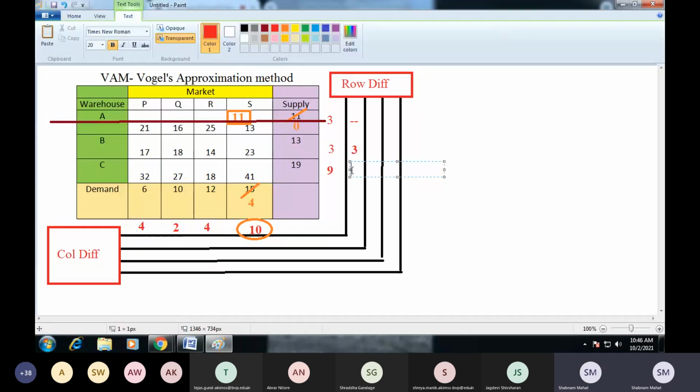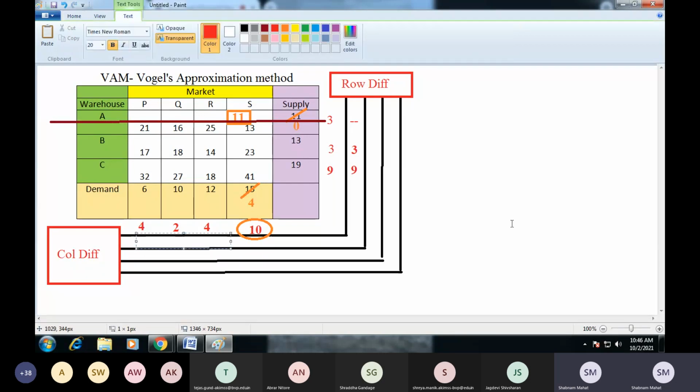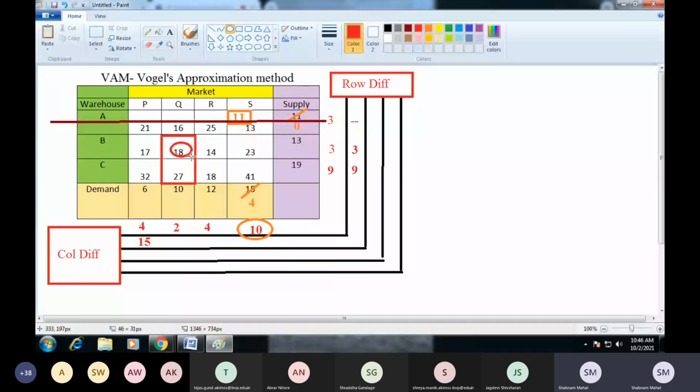Now check the penalty for the columns. This column contains only two values, 17 and 32. So if I find 32 minus 17, I get a difference of 15. So write down 15 here. Now the penalty for the next column: 18 is my minimum and 27 is the other.